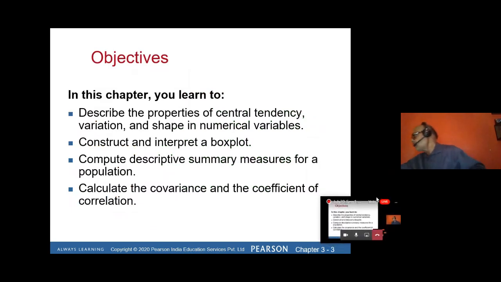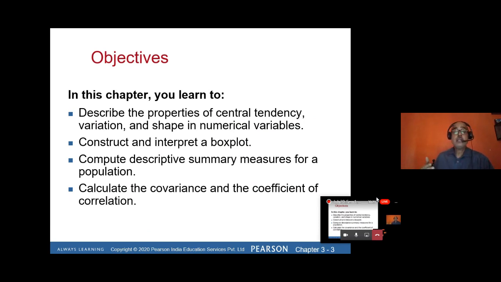If you refer to the SLM, which I am showing here, session 3 is on numerical descriptive measures, right? And the learning objectives of this chapter have been given on page number 85.